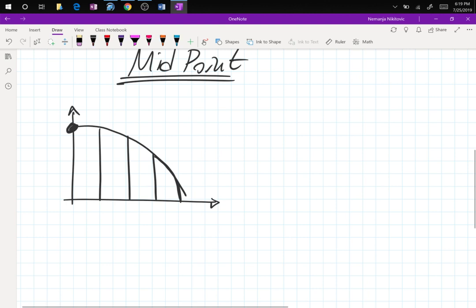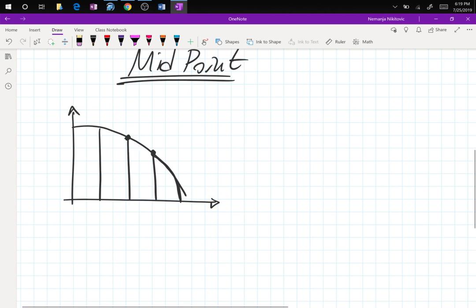Actually, let me explain that on this rectangle here. You went here or here, and it doesn't matter which way you do it, you will get a lot of error. If you do it this way, you get all of this as error. If you go this way, you get all of this as error, because only this would be calculated and the upper part would not be calculated at all, so it introduces error both ways.